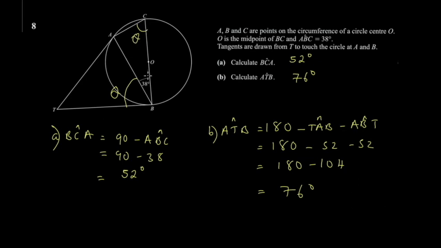Okay, this is true regardless of whether this is the diameter or not. So it actually works even if it's not the diameter. This angle and this angle are always equal.